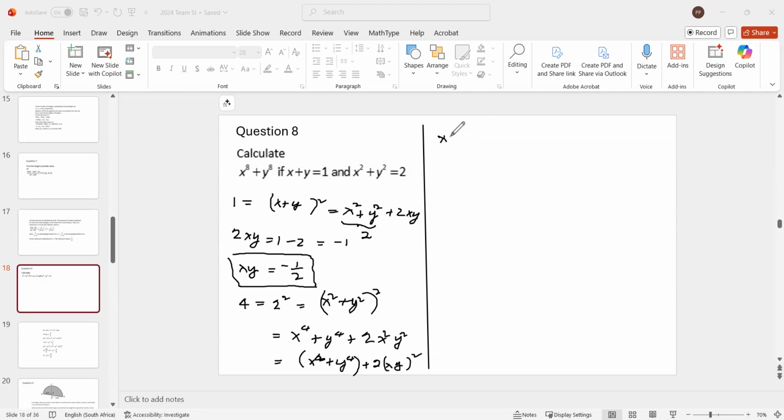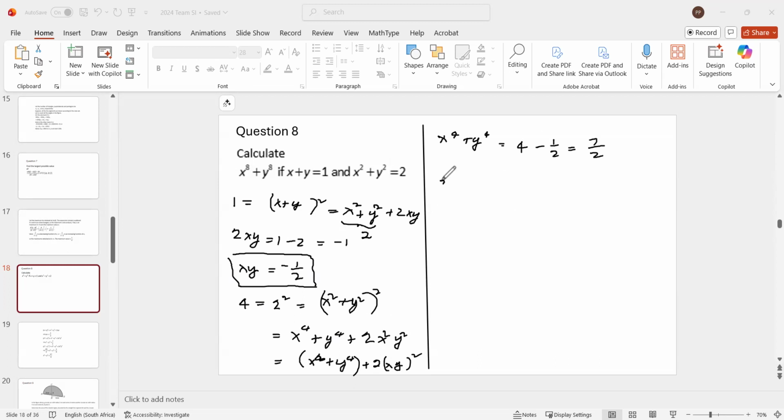So if I try to avoid some steps, I get that the remaining part is 4 minus 1 over 2, and that is 7 over 2. 3.5, which is 7 over 2. Well, in the same way, we can get to x to the 8th now, because you square on both sides.